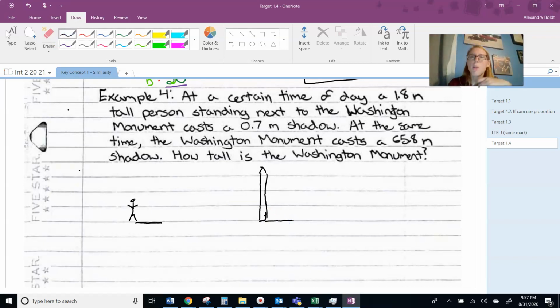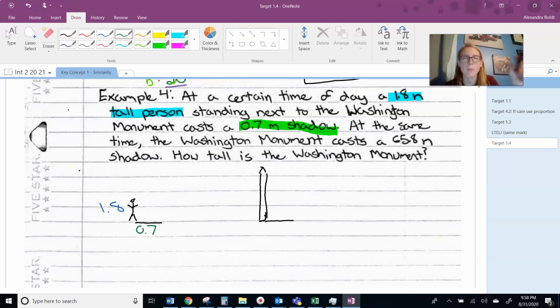Okay? So I'm going to try and put in some of these pieces. So we have that there's a 1.8 meter tall person. They're 1.8, right? That's their height. Standing next to the Washington Monument, casts a 0.7 meter shadow. So their shadow is 0.7.